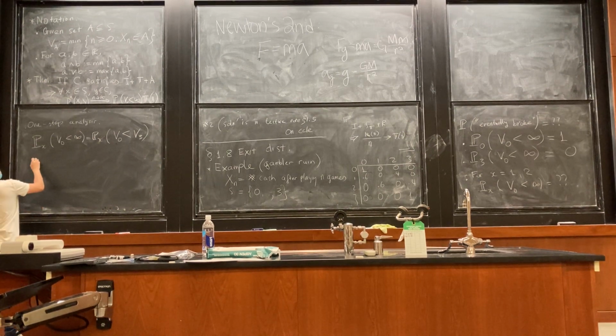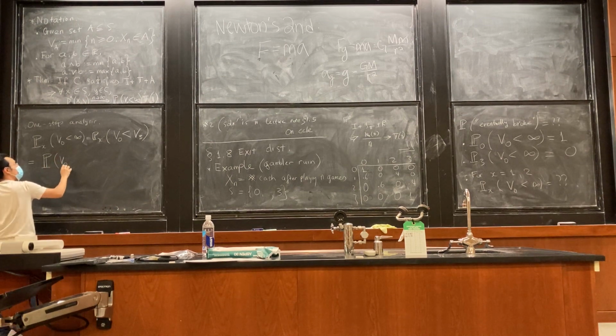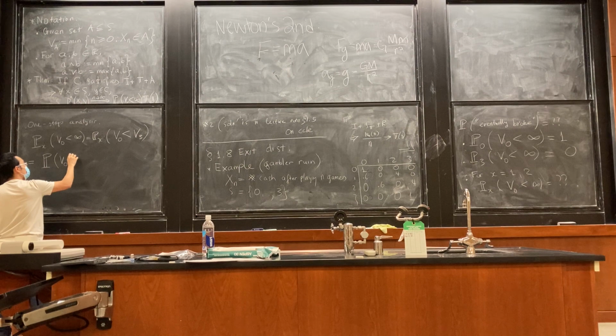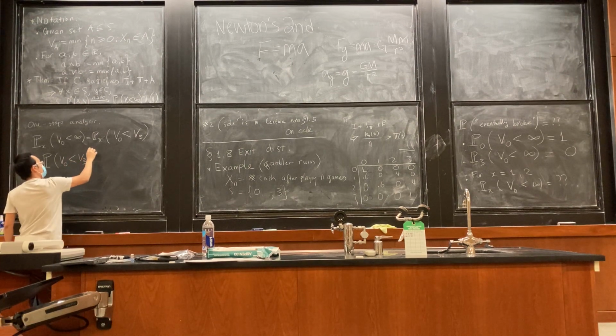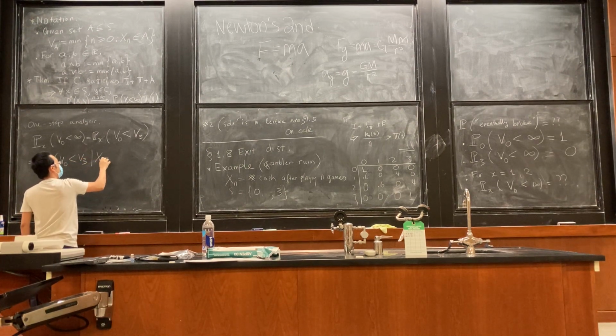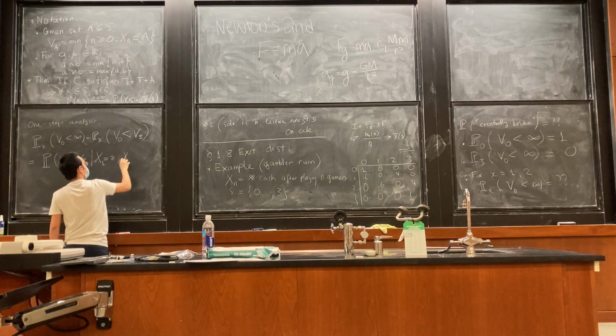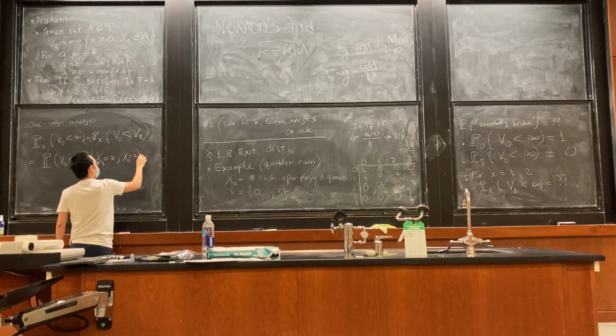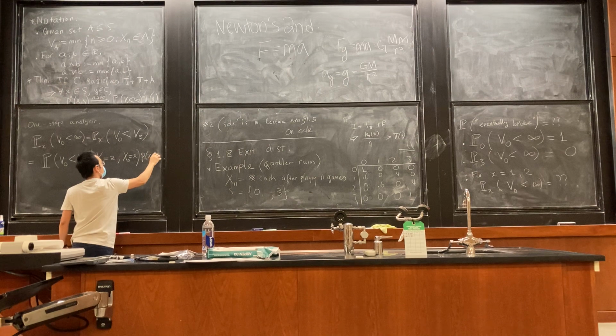Now one-step analysis is basically considering what's going on in the first step. So this is V0 less than V3, given X1 is equal to z, X0 is equal to x, times P x z.